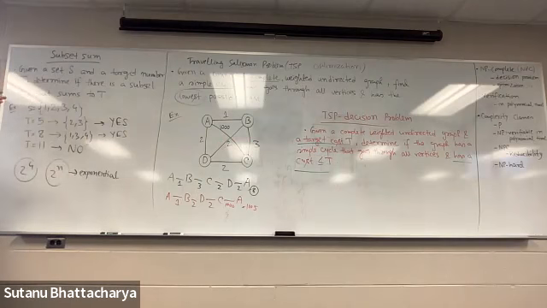So now it is a TSP decision problem, not an optimization problem. We are not optimizing anything. We are making a decision whether such a cycle exists or not, yes or no. Clear?